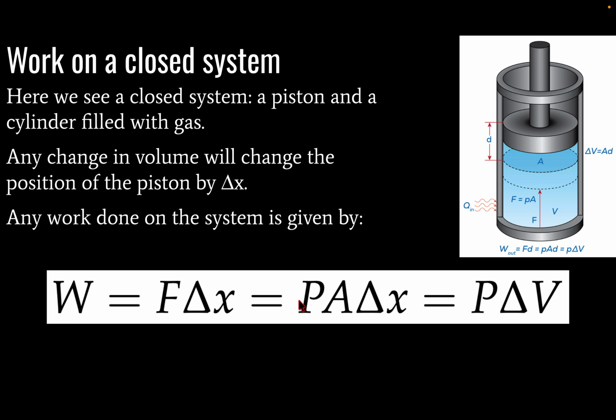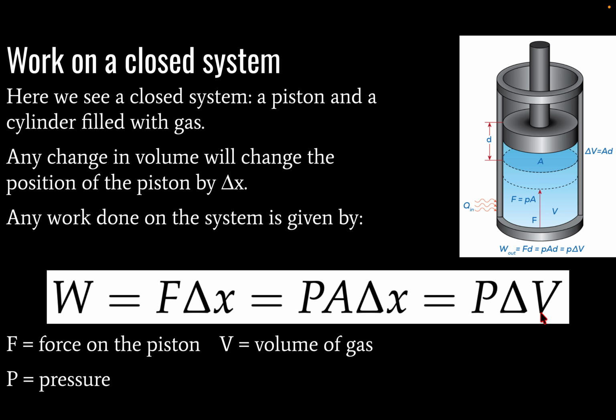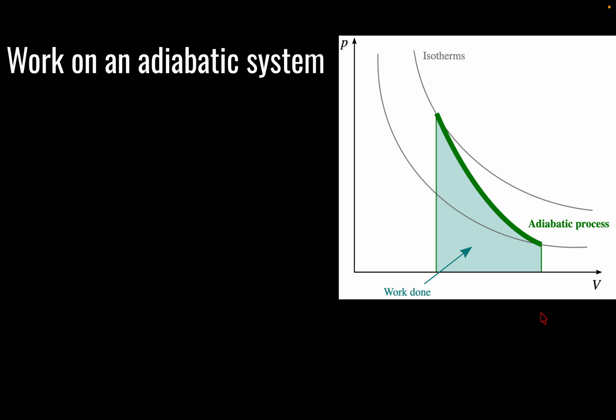And we know that force is equal to pressure times area, so we can substitute that in. We also know that area times a change in distance is going to be equal to a change in volume. Hence, here is a very quick derivation that tells us that work is equal to pressure times a change in volume. And of course, defining our variables.